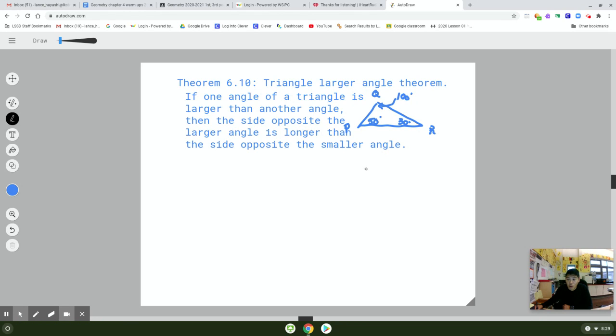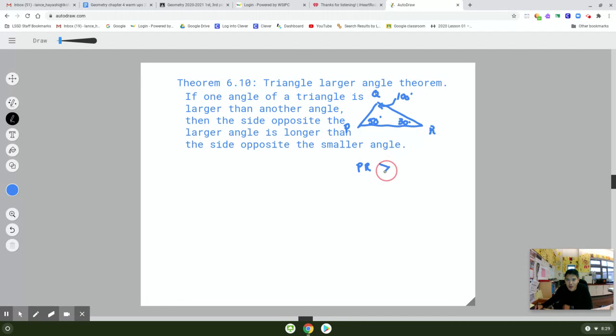Then I could order each of the sides from either largest to smallest, longest to shortest, or the other way around, shortest to longest. It just depends on the directions. But actually, let's start with the longest side. The longest side would be opposite the largest angle. The largest angle in that diagram is angle Q. So the longest side would be PR. This is the length of PR.